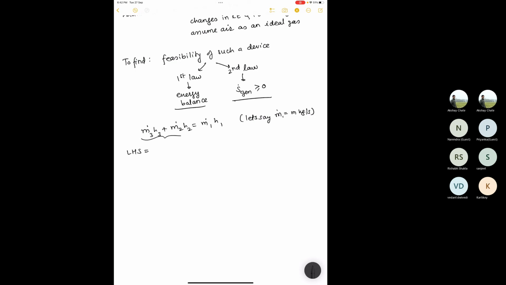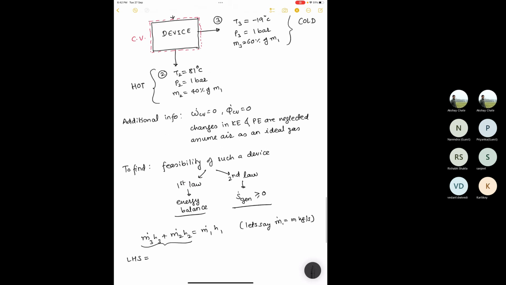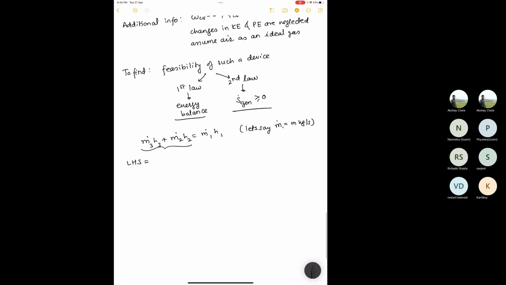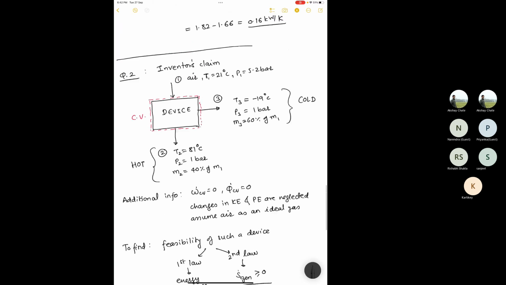The term is m dot 3 h3. Basically m dot 3 is 60% of m1, so 0.6 m, and here you can take Cp T. You can take T in degrees Celsius or Kelvin, it doesn't matter, but let's take Kelvin only, because otherwise there is confusion here.